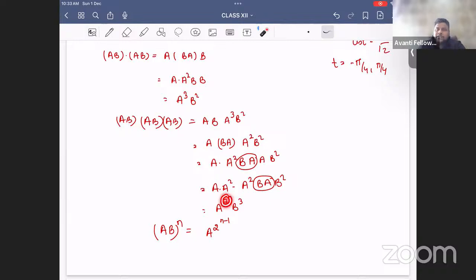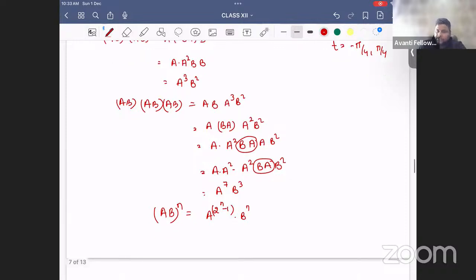A to the power 2 to the power n minus 1, into B to the power n. Got it? So if your n is 10, AB to the power 10 is A to the power 2 to the power 10 minus 1, which is 1023, into B to the power 10. Correct? Very good question.